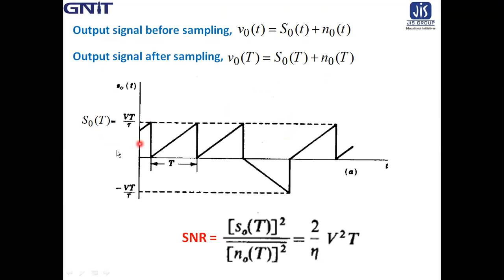Therefore, s0(t) is the signal output of the integrator, where s0(T) belongs to plus VT by tau or minus VT by tau.